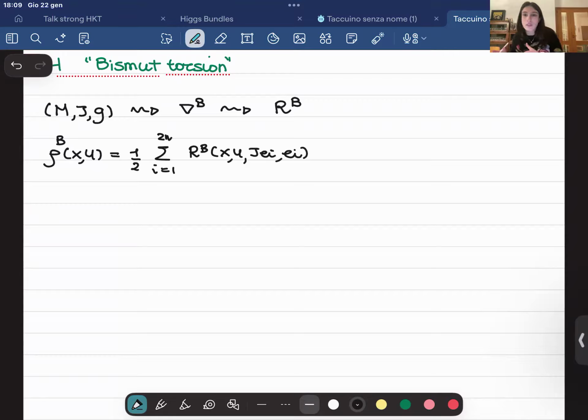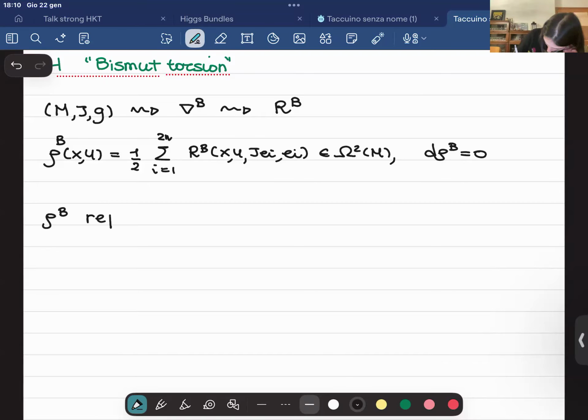So I'm tracing the curvature in the endomorphism components. This is a 2-form, and actually it is a closed 2-form, so d rho^B is equal to 0, and it represents the first Chern class c_1(M).